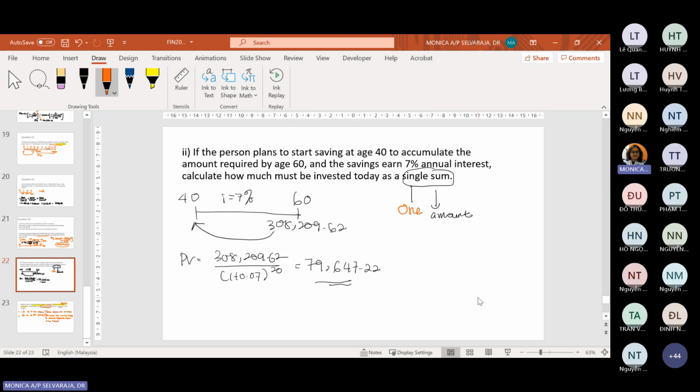Single sum, one amount for investment. So I need this in 20 years. So what is the one single amount that I need to invest to reach this amount?